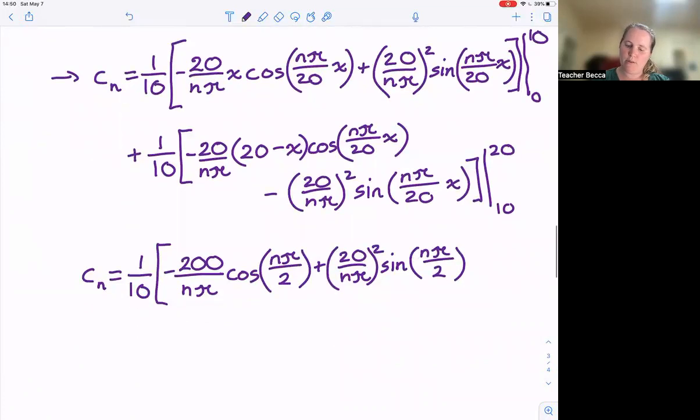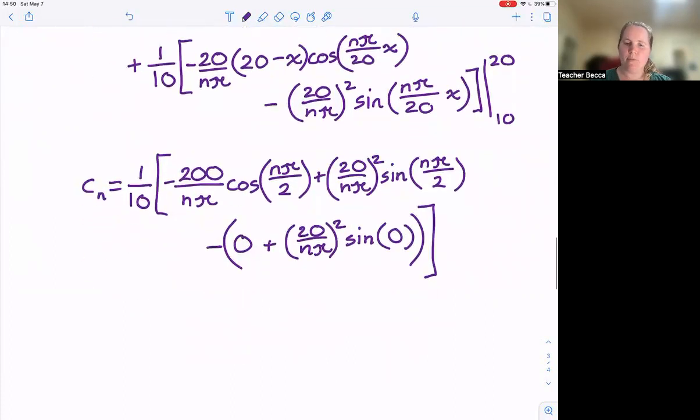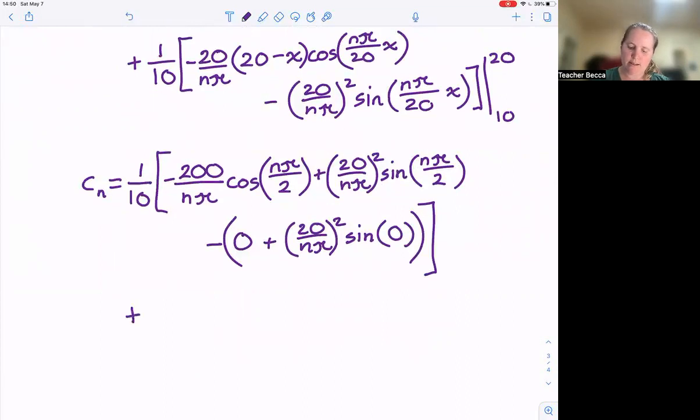And from that, we would subtract off, plugging in 0 to that negative 20 over n pi x cosine, we wind up with 0. And then we're also subtracting off 20 over n pi squared sine of 0. So this is just that first definite integral.